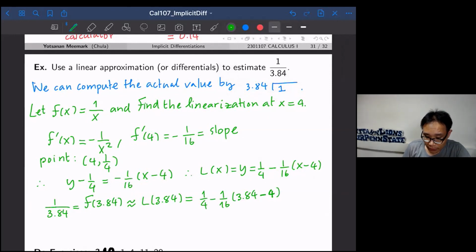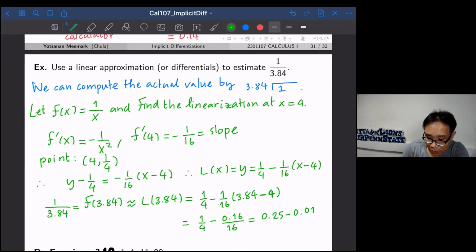So in this case, you see that it's going to be 1/4, and everything turned out to be nice because you get 0.16 over 16. So you get 0.25 minus 0.01.